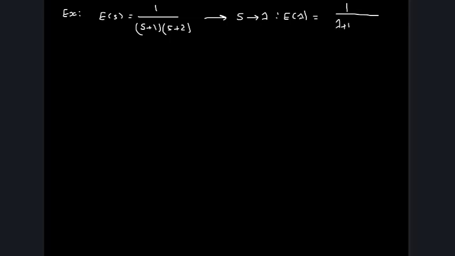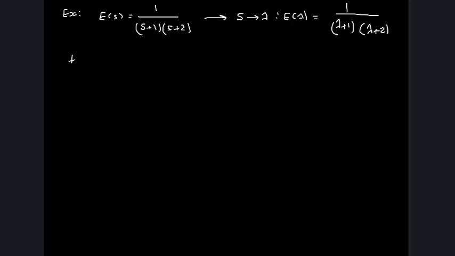So let E of s be equal 1 over s plus 1, s plus 2. So the first thing, I will change the complex variable from s to lambda. Lambda is the dummy variable. So here we have E of lambda will equal 1 over lambda plus 1, lambda plus 2.